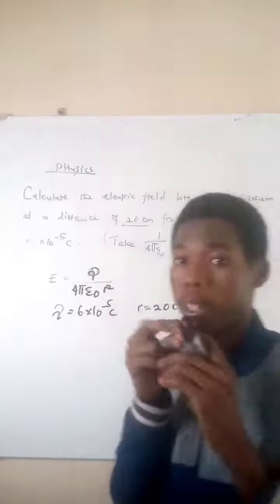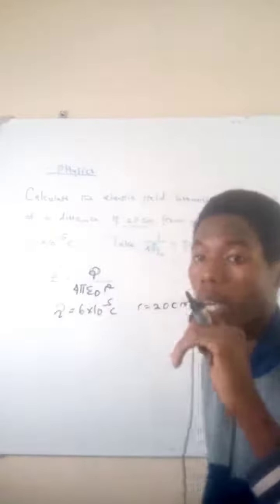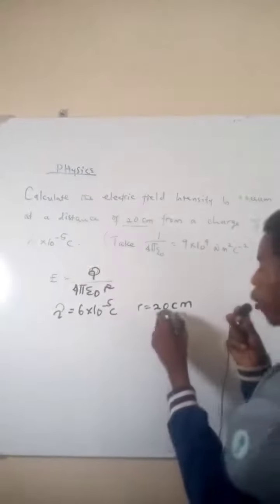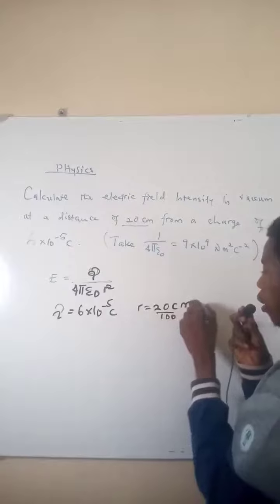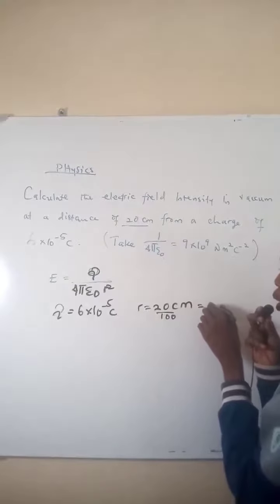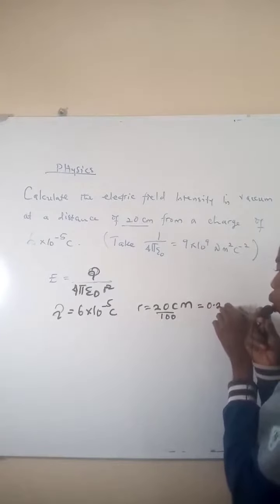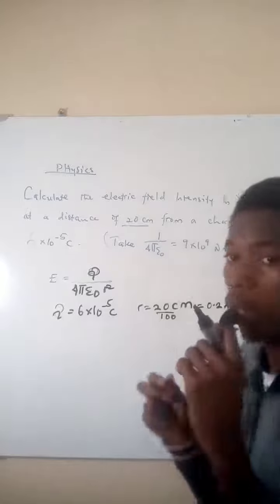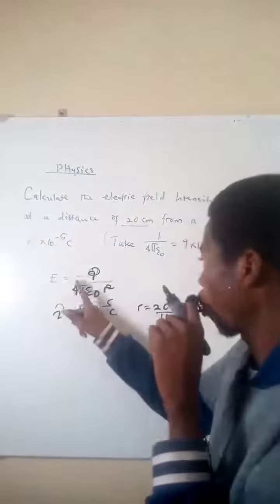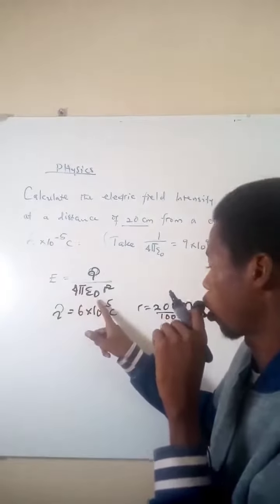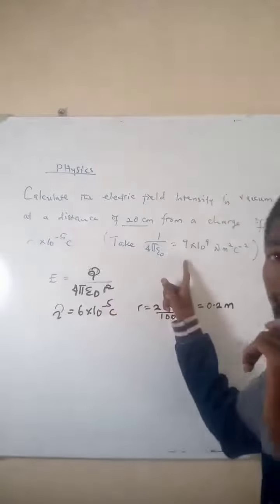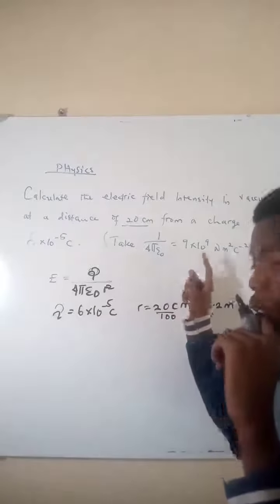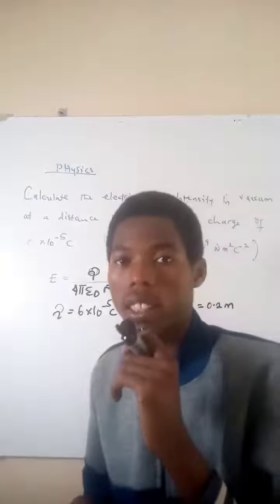So dole sai ka mai da wannan centimeter din ya koma meter, ta dividing by what? By 100. In kai dividing by 100 sai koma 0.2 meter. So shi kuma 1 over 4 pi epsilon naught daidai ke da 9 exponential 9. So abin da ya rage mu yi a nan shine substitution.